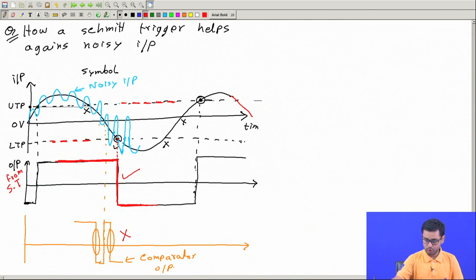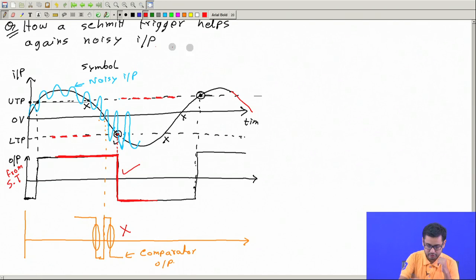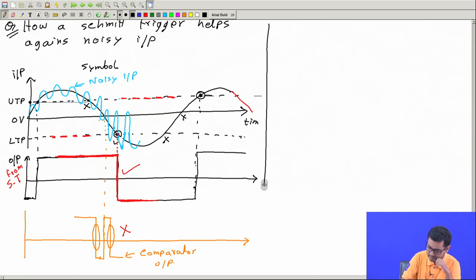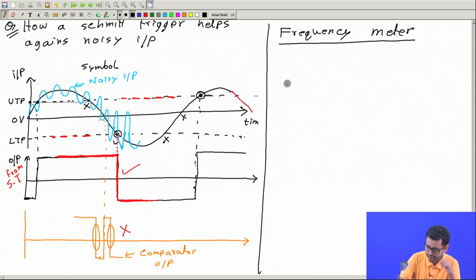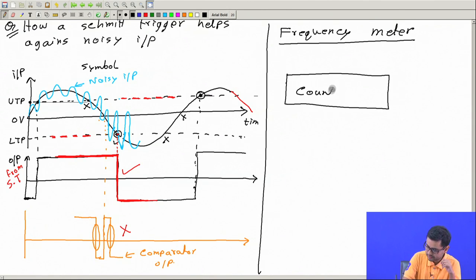So what do we have to do then? Going back to the frequency meter, this is what we are starting now. We have a counter, it has many bits, it has the input clock, and it also has the reset.